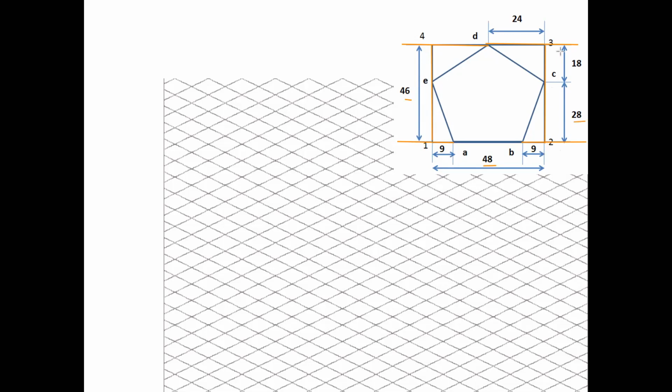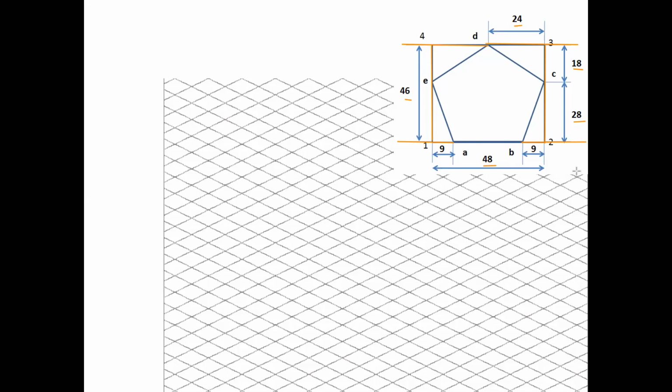From point 3 to point C, the distance is 18. Similarly, from point 3 to D, it is 24. So like this, first you need to draw the regular pentagon and mark all these dimensions on this regular pentagon.